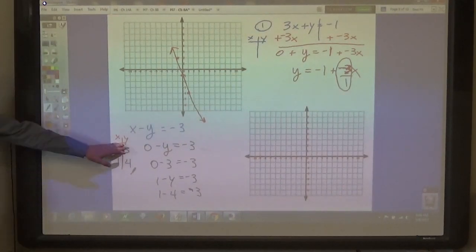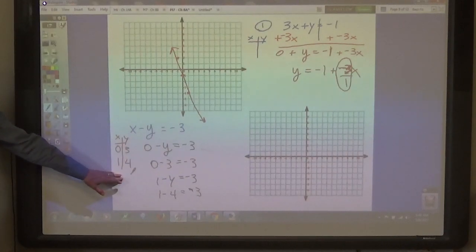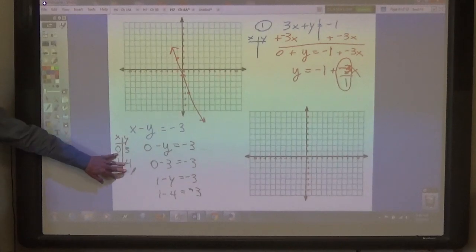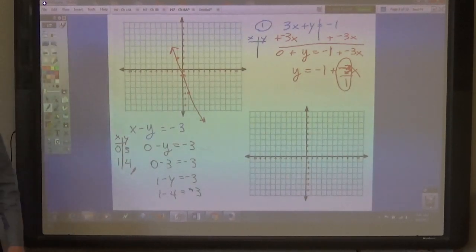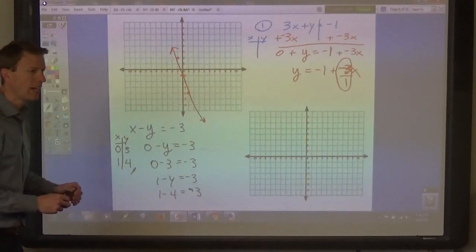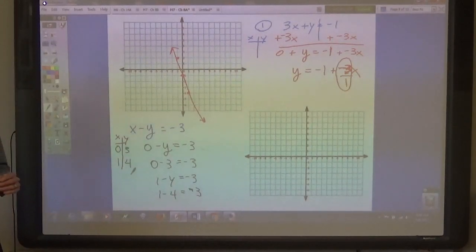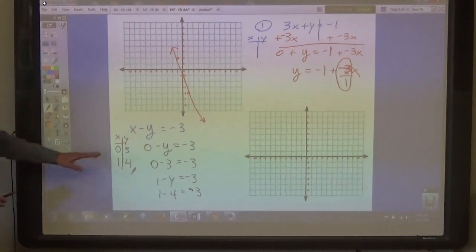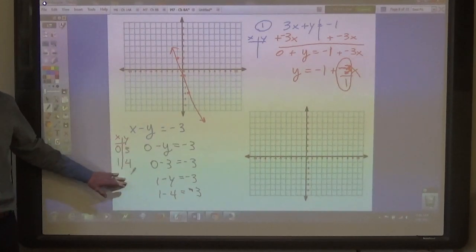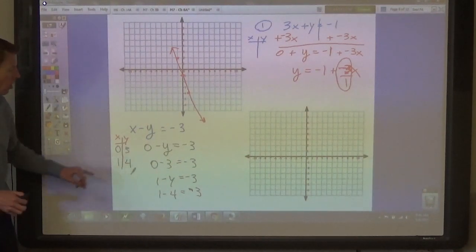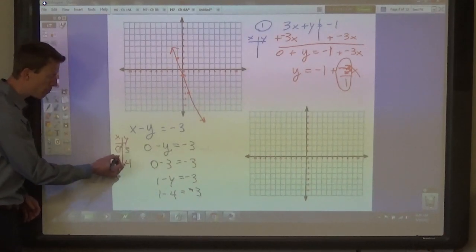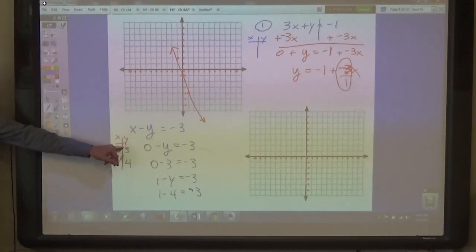Sometimes it's easier to just choose points to find ordered pairs, especially if you have to add fractions or mixed numbers to both sides. You may want to just choose points to eliminate the fractions. So we would graph this using these points as ordered pairs.